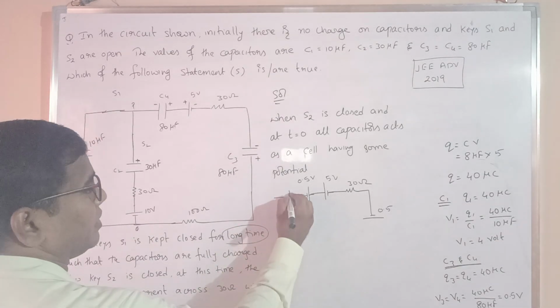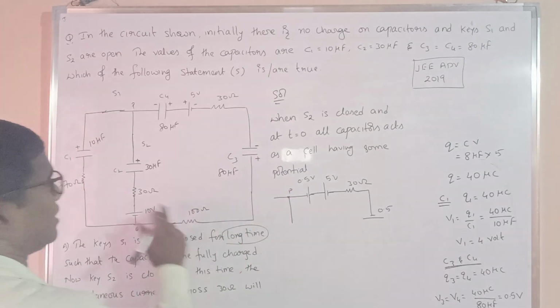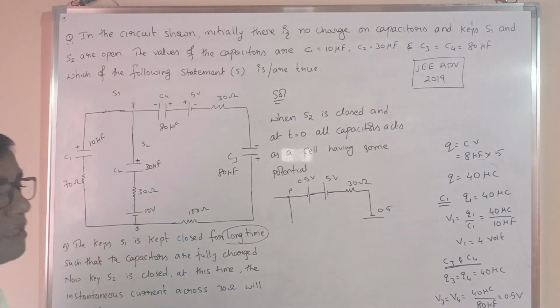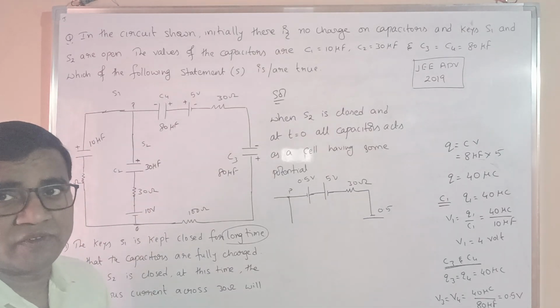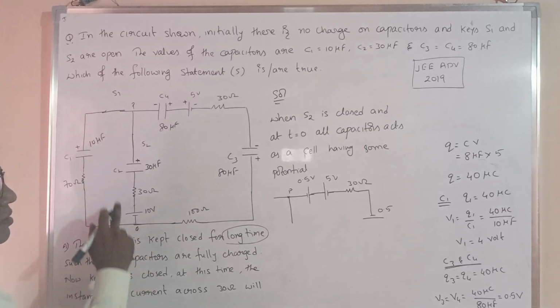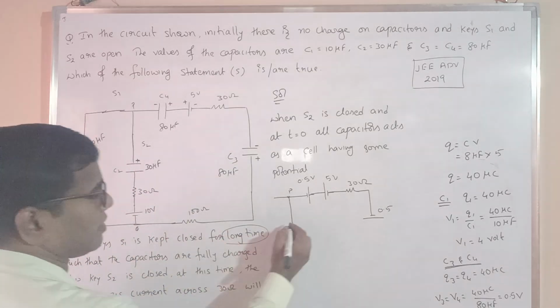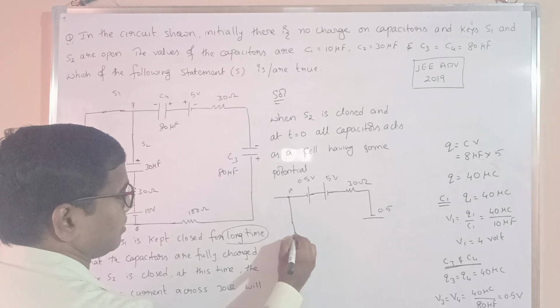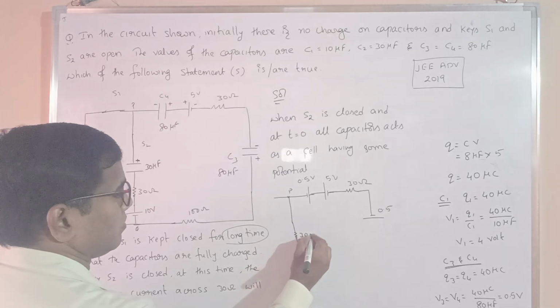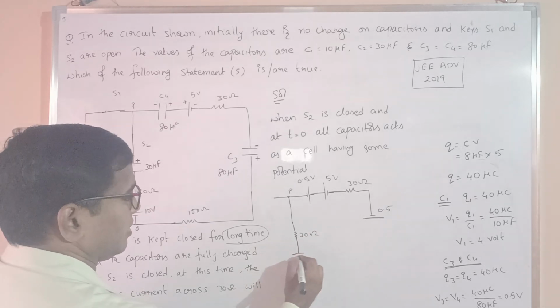And from the point P, I can write S2. Initially, S2 is not a charged one. So at t is equal to 0, an uncharged capacitor acts as a conducting wire. So directly I will write here 30 ohm, and here it will be this one.